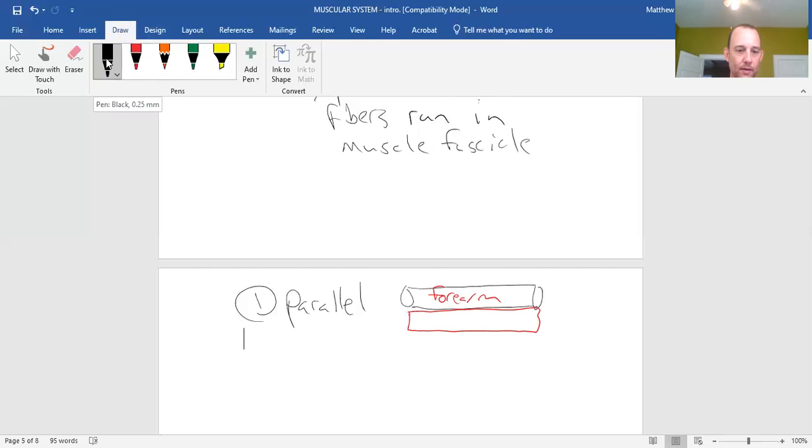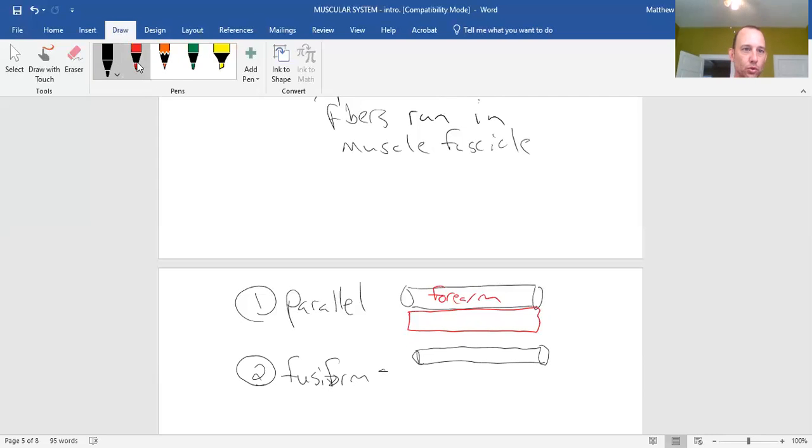There's a subset of parallel. Some books do it as a subset. Some books do it as separate. I keep it as separate. Fusiform. Fusiform has basically the same definition. You have a bone and the muscle runs, and the muscle bundles and muscle fibers are running parallel with the bone, except that it tapers at each end.